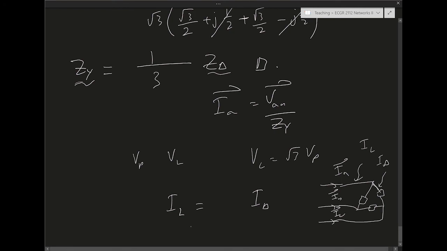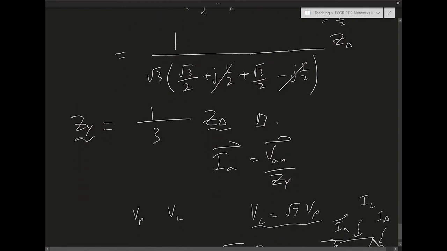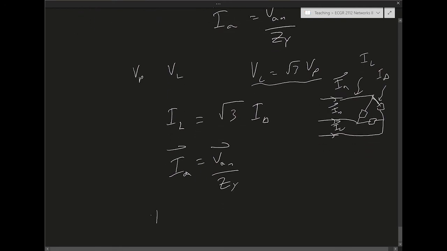In the same way we found this relationship, we can find that the magnitude of IL is equal to square root of 3 times I delta. It's exactly analogous to what we did for VL and VP. To see that, IA equals VAN over ZY. What's ZY?